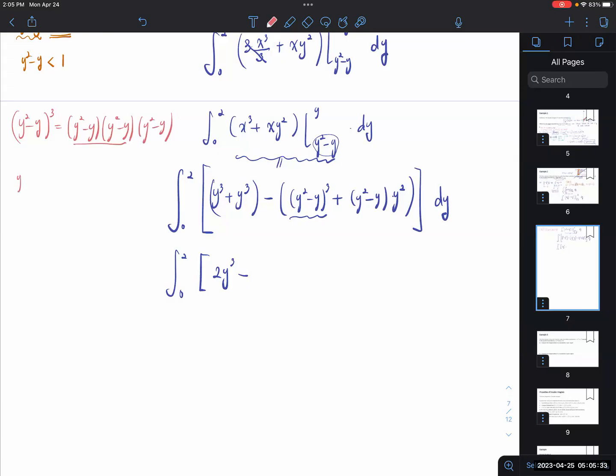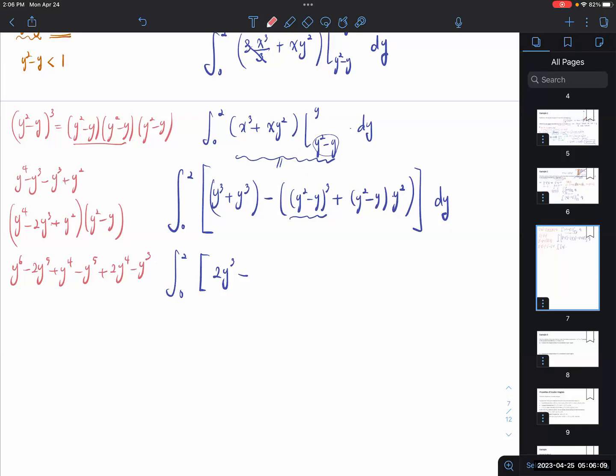So y to the 4 minus 2y cubed plus y squared, and you have to multiply one more time. So y to the 6th, y to the 5th. So let me double check. Sorry. Y to the 6th, 2y to the 5th, I'm just using the distributive property, plus 2y to the 4, y cubed.